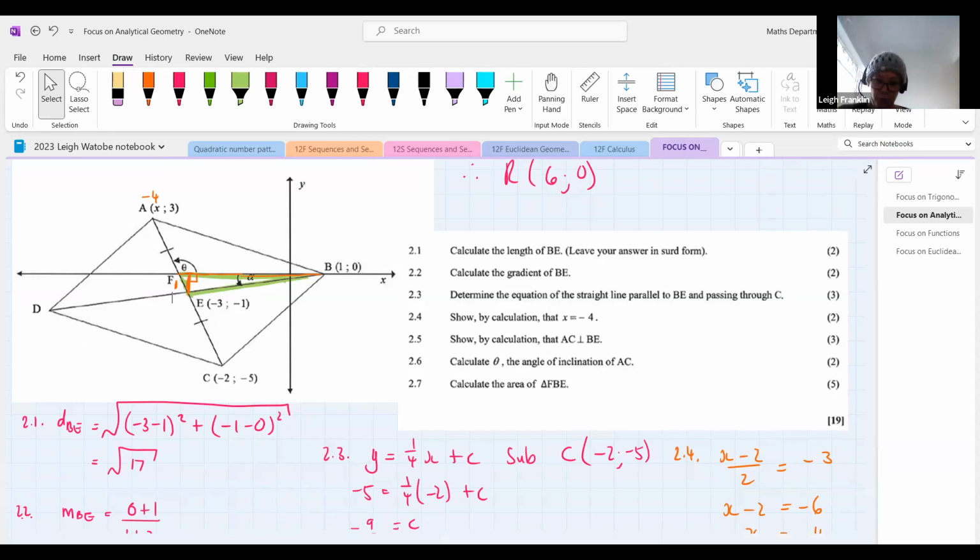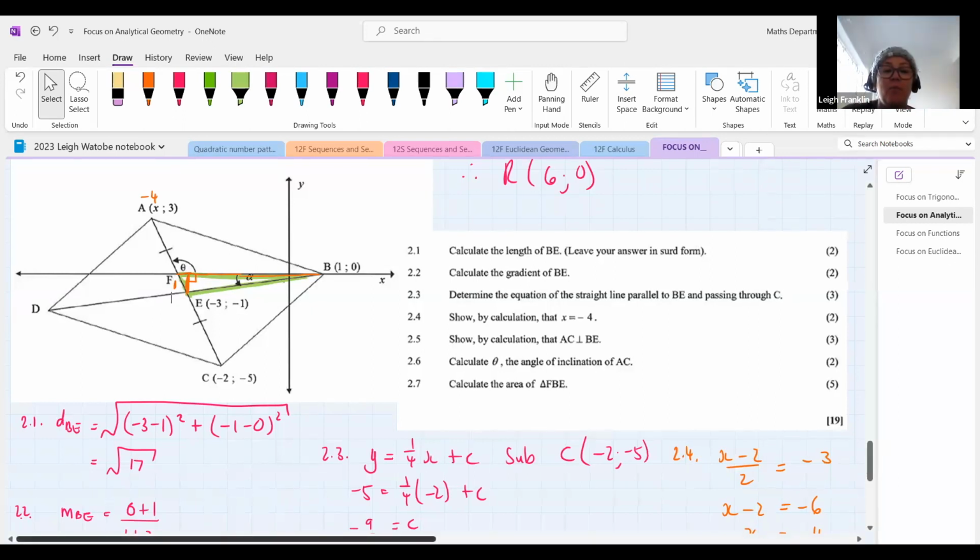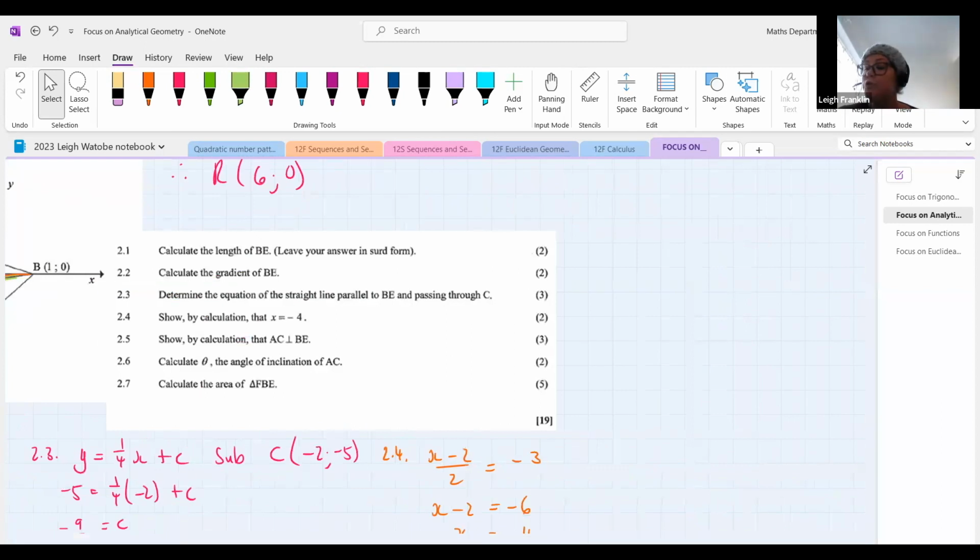So what I can do is get the equation of AC, make y equal to 0, get the x-coordinate at F, and then the x-coordinate at B minus the x-coordinate at F will give me the length of FB. All right. So what I want is the equation of AC.